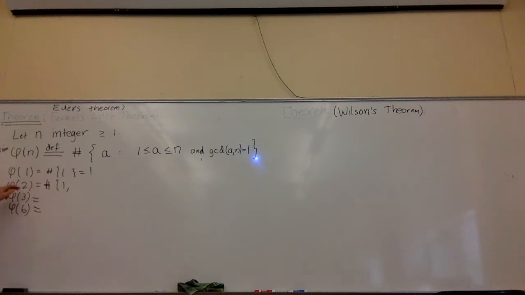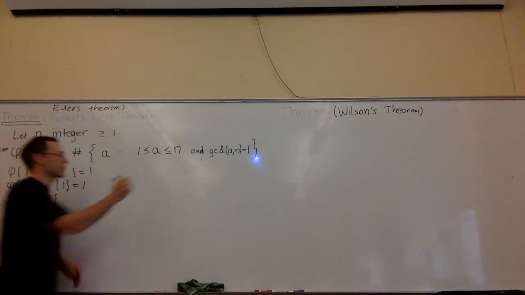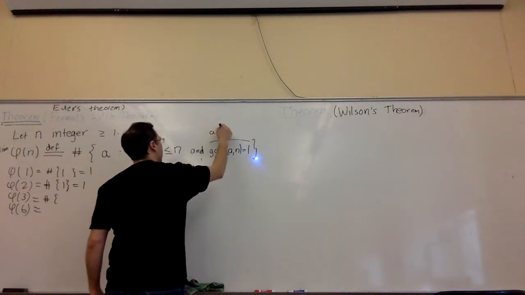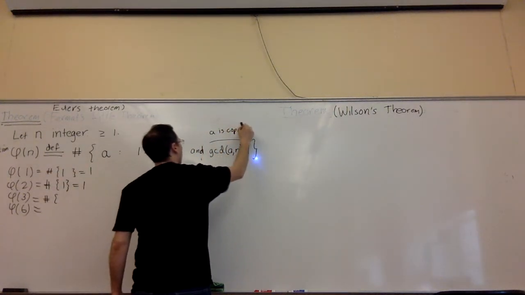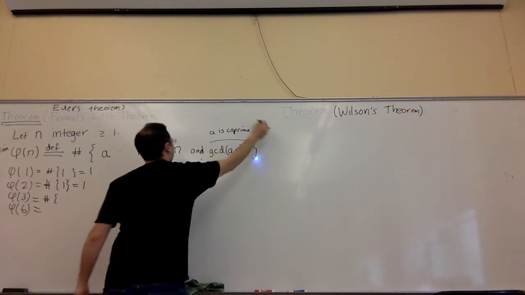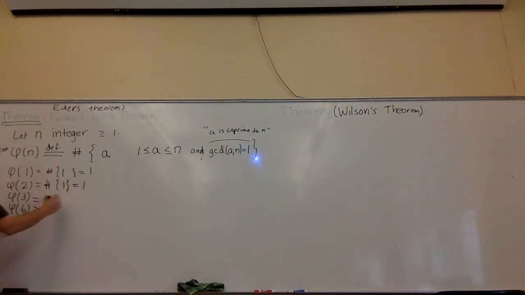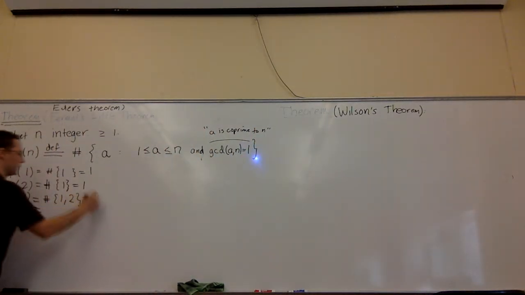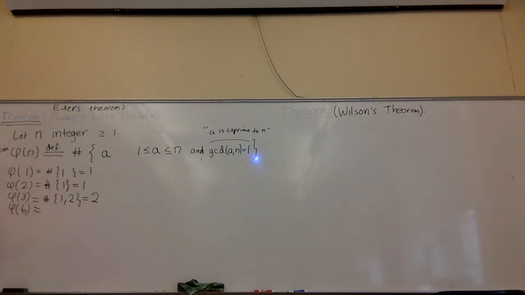And the GCD of 2 and 2, that's 2, so it's not in there. So this is also 1. Phi of 3 is the cardinality of the set of numbers between 1 and 3 that are co-prime to n. So here you have 1 and 2. So that's 2.